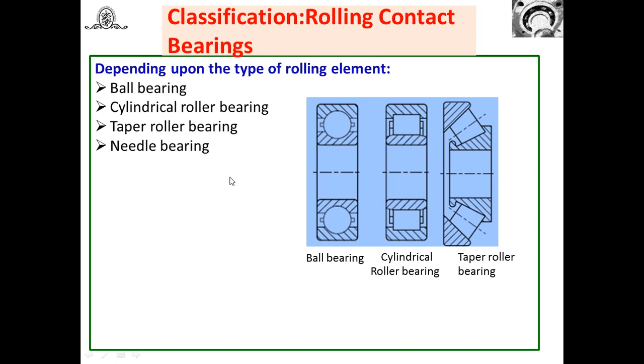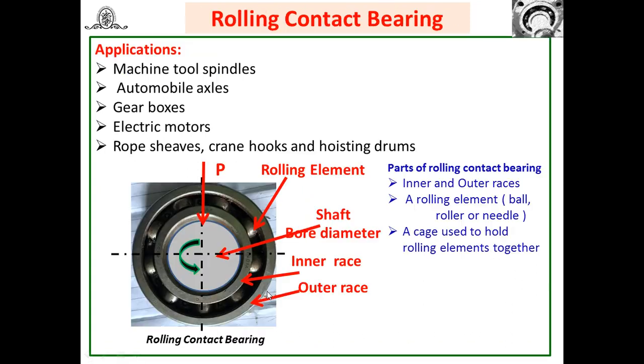Now let us see the classification of rolling contact bearing, because in this module our focus is on rolling contact bearing only. Rolling contact bearings are classified based on the type of rolling element. As stated, it consists of inner race, outer race and rolling element.